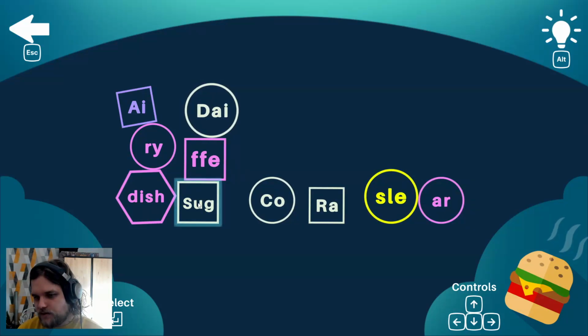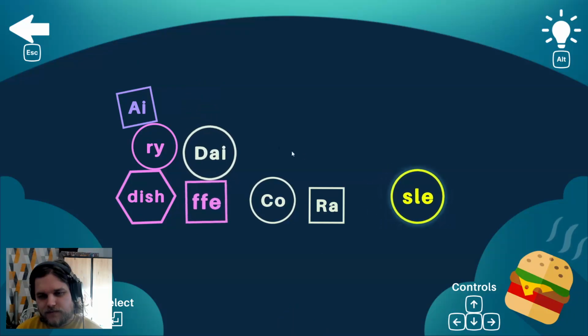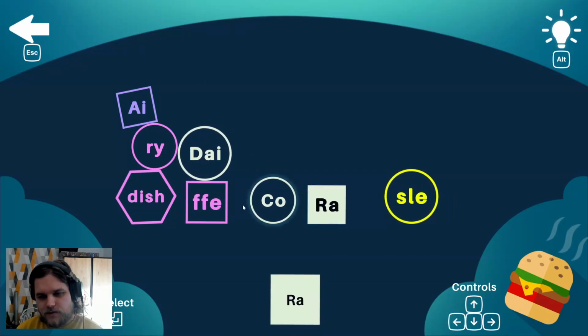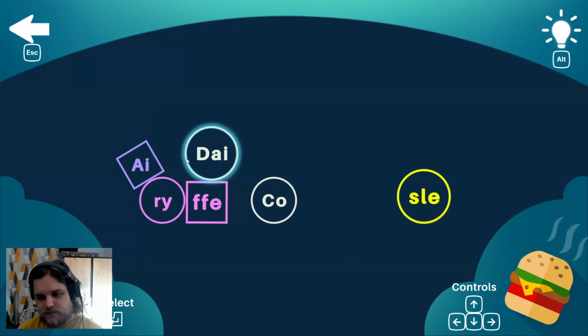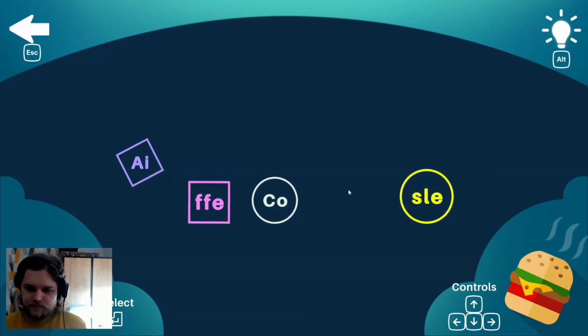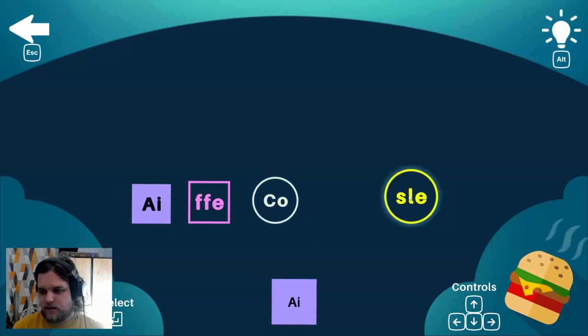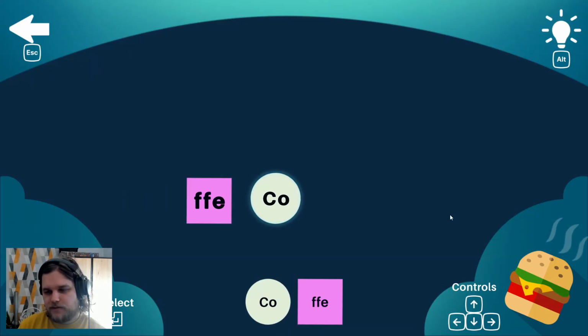Like a sugar. Or something. Where, yeah. Radish. Dairy. Again, aisle. That's somewhere in the previous level, and the coffee.